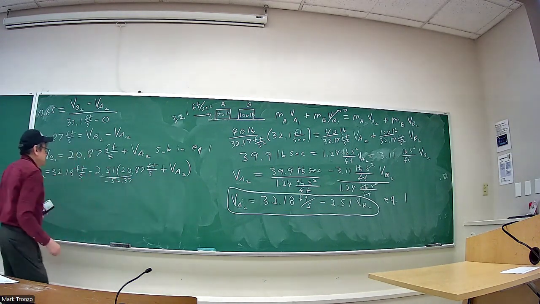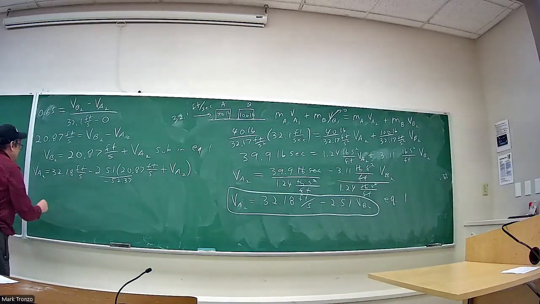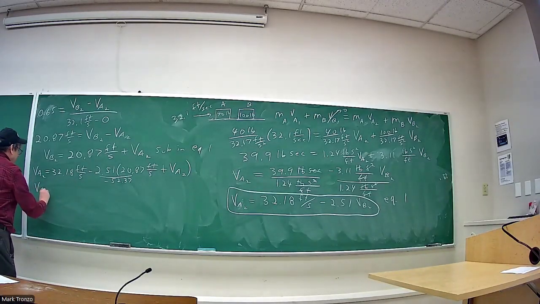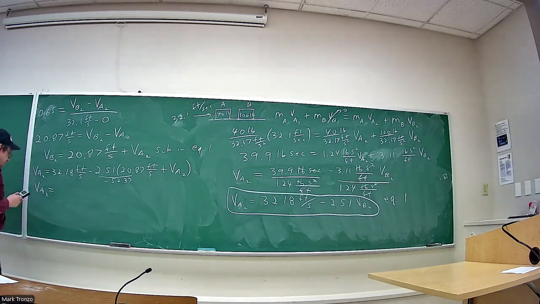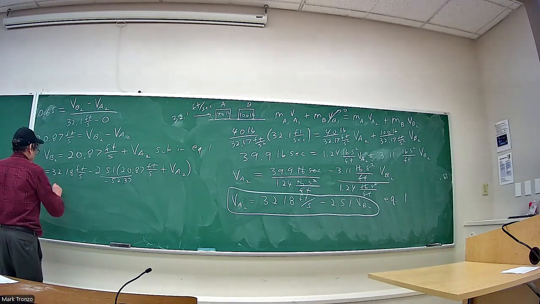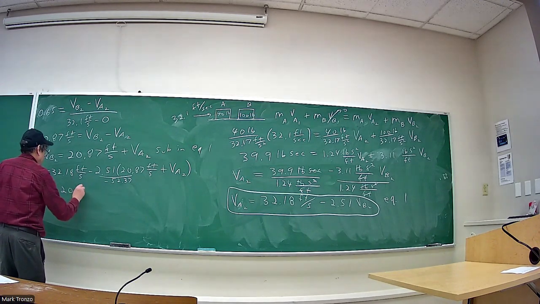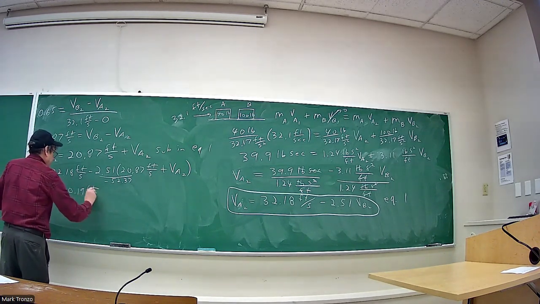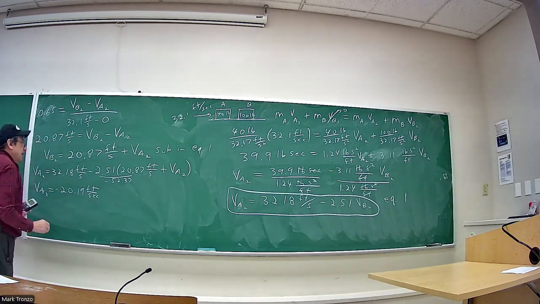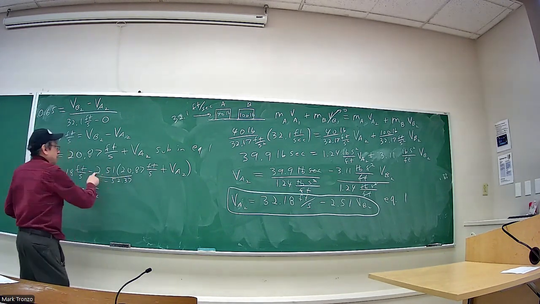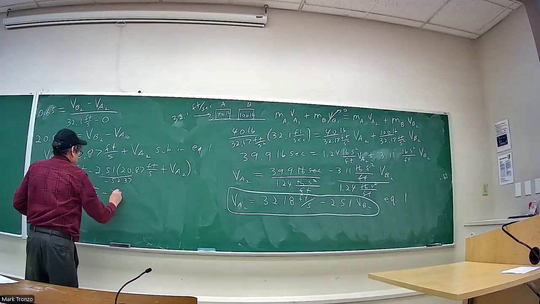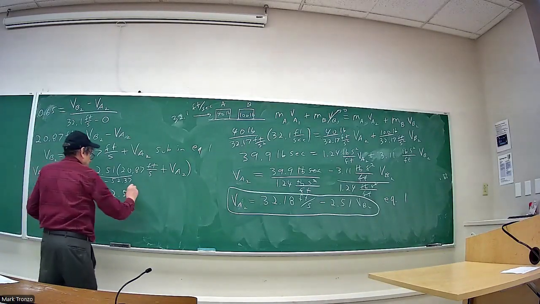Then of course we multiply this over here. So we can put these two together: VA2 is going to be 32.18 minus the 52.37, which gives us minus 20.19 feet per second. And then we multiply this, that's minus 2.51 VA2.